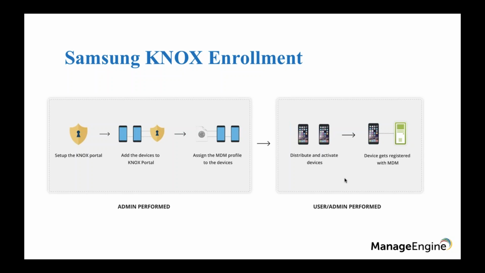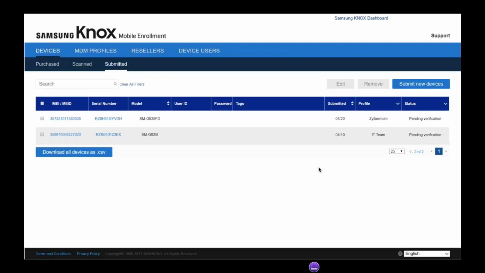So once these steps have been performed and the devices have been distributed to the users, upon activation, the device will contact the Samsung Knox portal and get all the configurations that are required into the device. So once this is completed, the device will get enrolled and registered with MDM. So now, let me show you how we can do these steps.